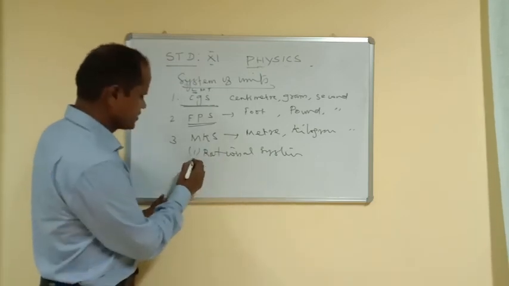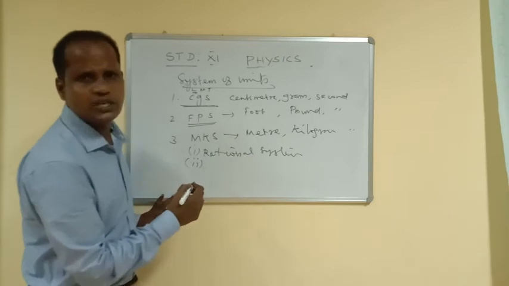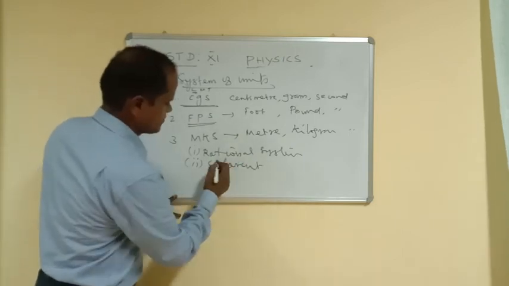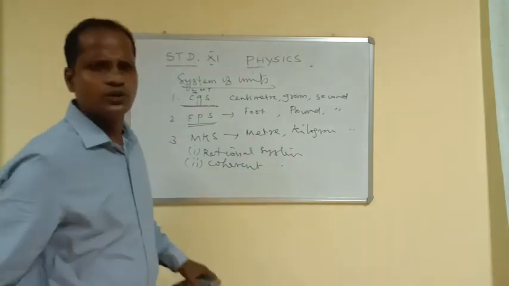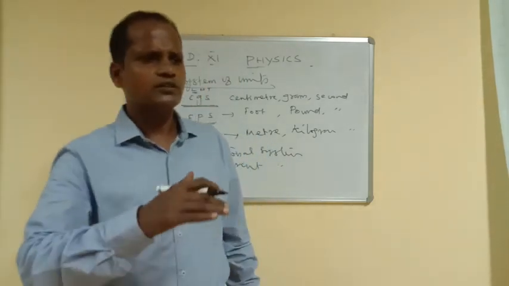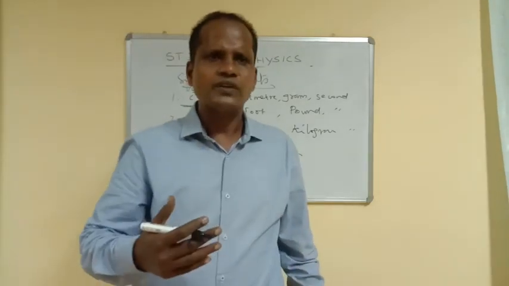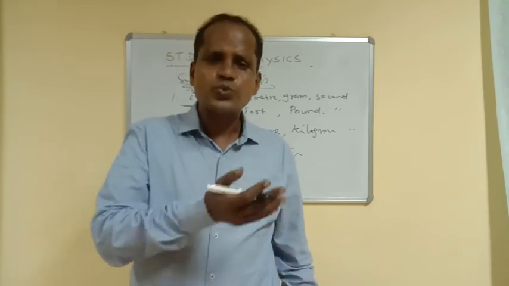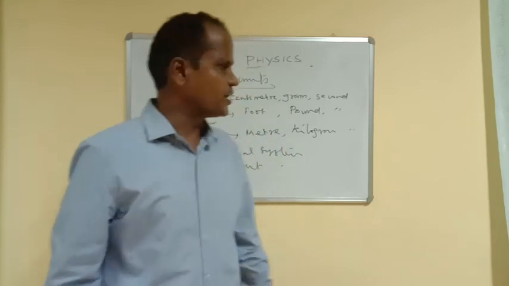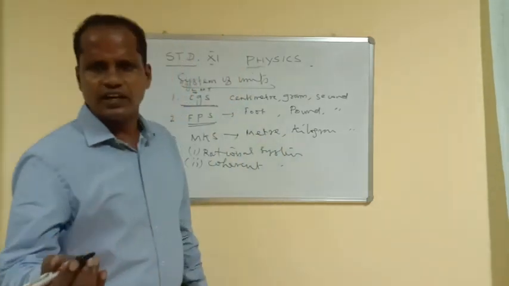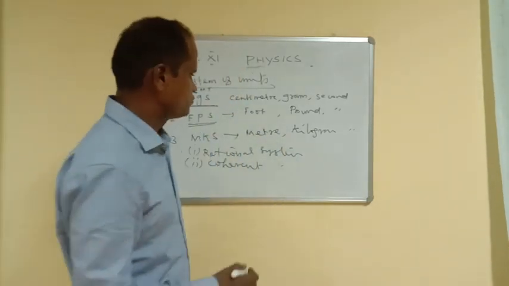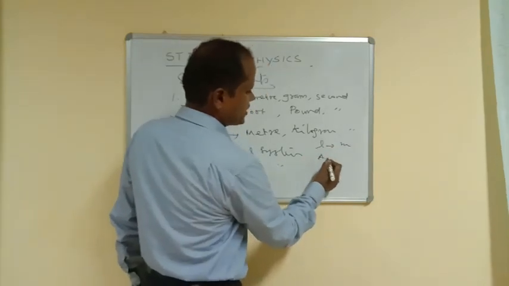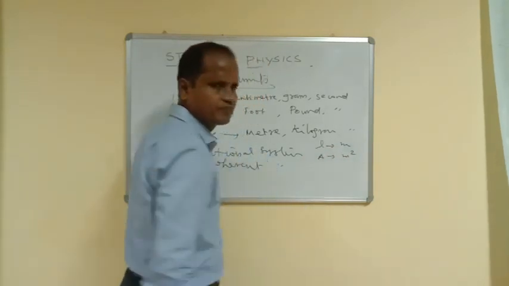Second one, this is a coherent system of units. So here we can derive the derived quantities or derived units from the corresponding fundamental units. For example, take the unit of area. You know, the unit of length is meter. The unit of area is what? Meter square.